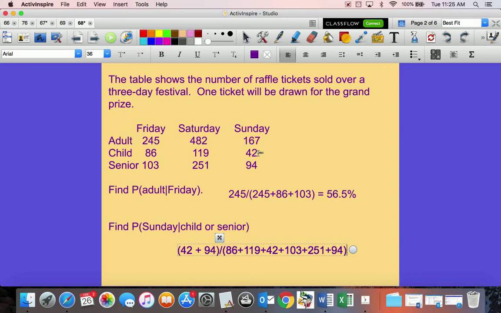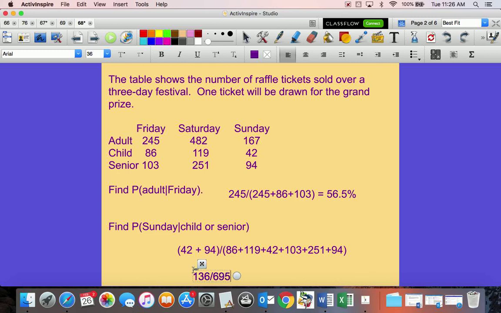We would add all of those together, so the top ends up being 136, divided by all of those numbers added together, which would get a total of 695.